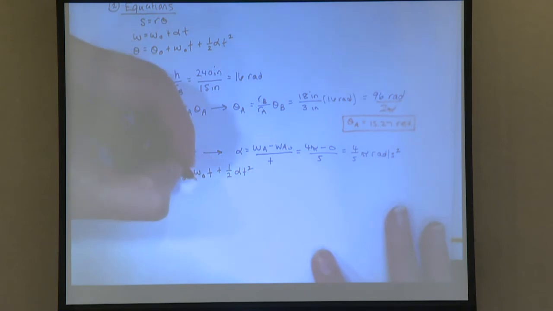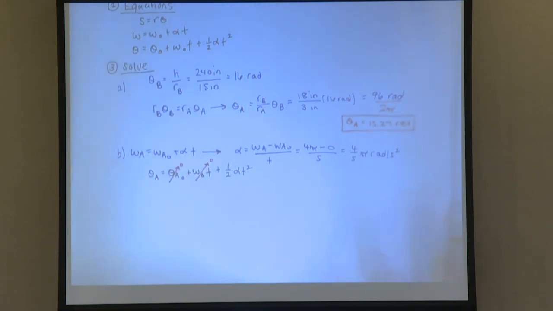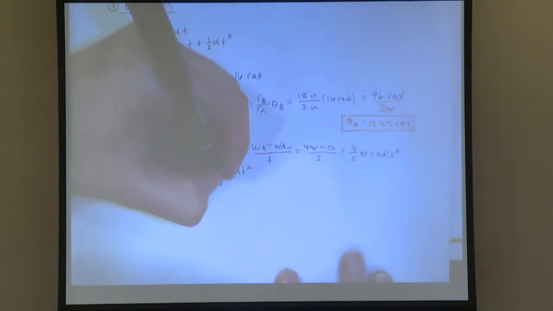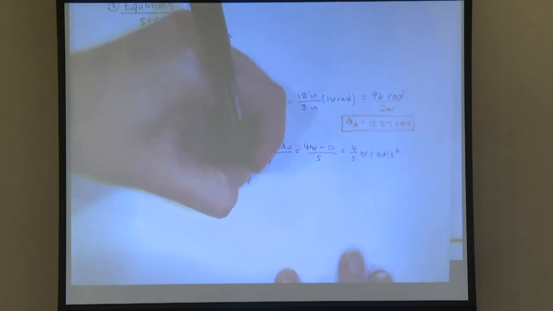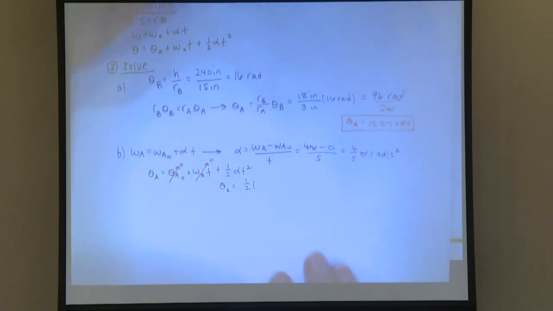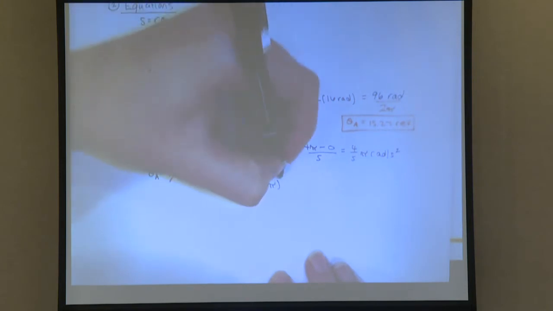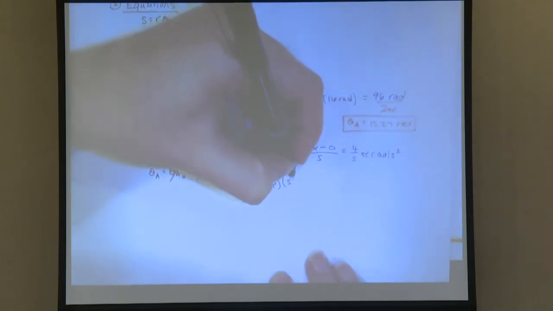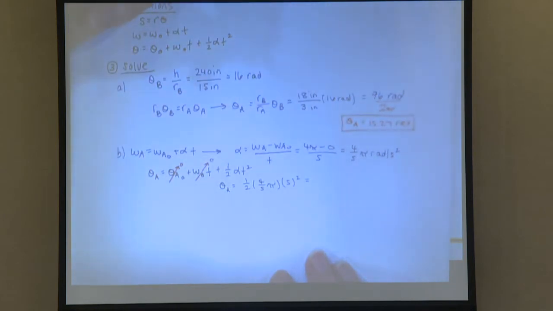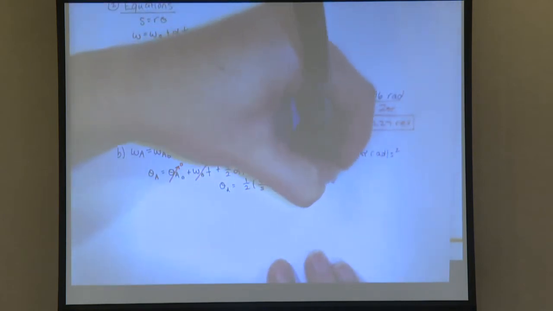Omega naught is also equal to 0. So remember, we're talking about situation 1. So theta A is going to equal 1/2 times alpha, which is 4 over 5 pi, times the time squared. And that gives us 10 pi.